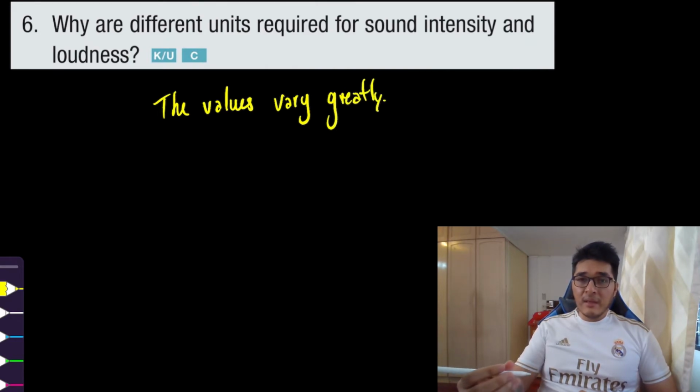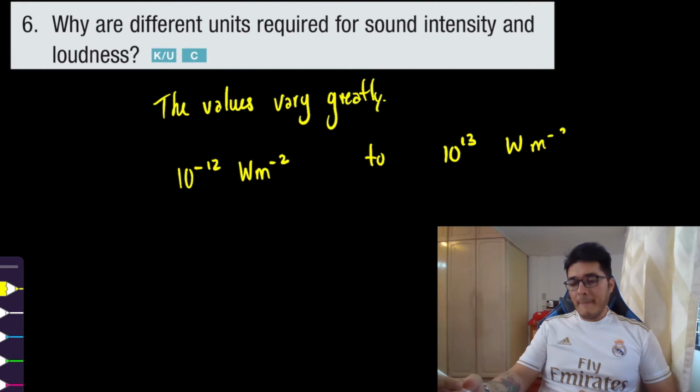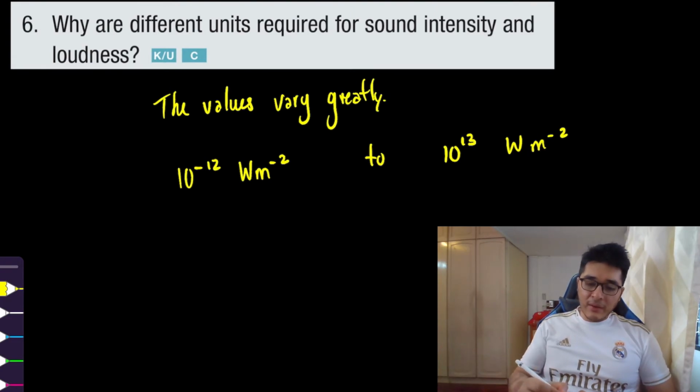The human threshold for hearing sound is 10 to the power of negative 12 watts per meter squared. And something really, really loud, like a bomb, would be 10 to the power 13 watts per meter squared. Again, watts per meter squared is the measurement of sound intensity.